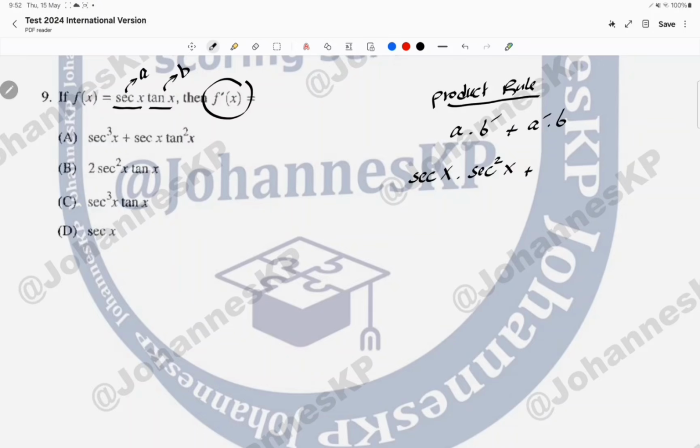A prime, which is the derivative of secant, which is secant tan, and b is just tan x. So I'm going to be getting secant cubed x plus tan squared x times secant x. It's going to be choice A.